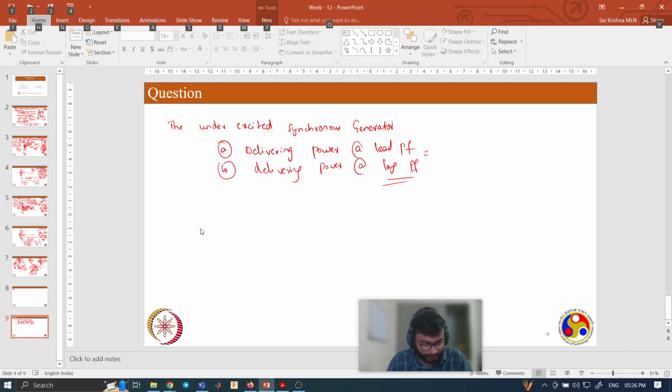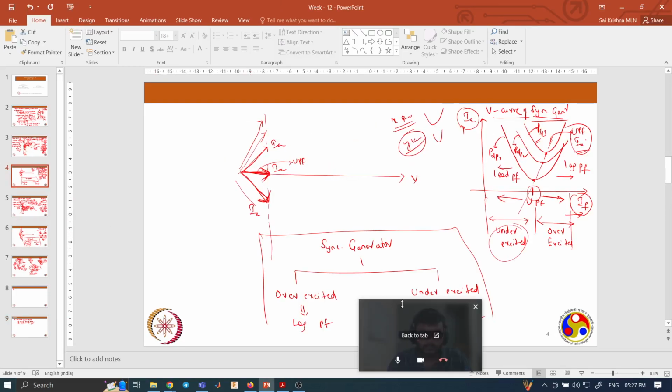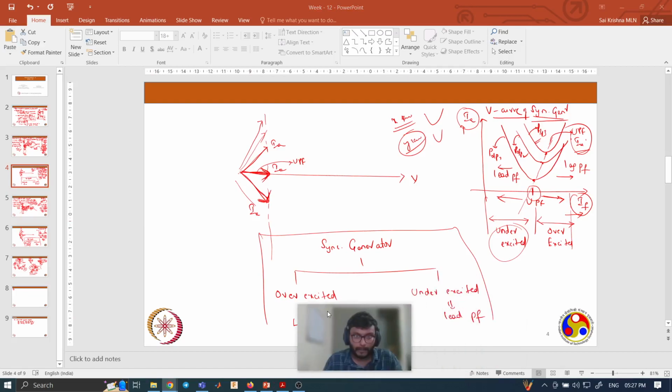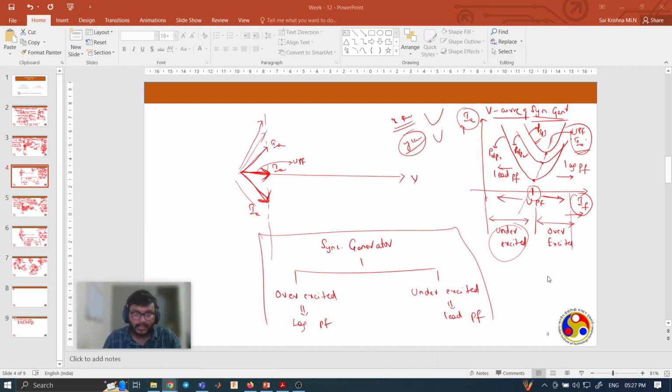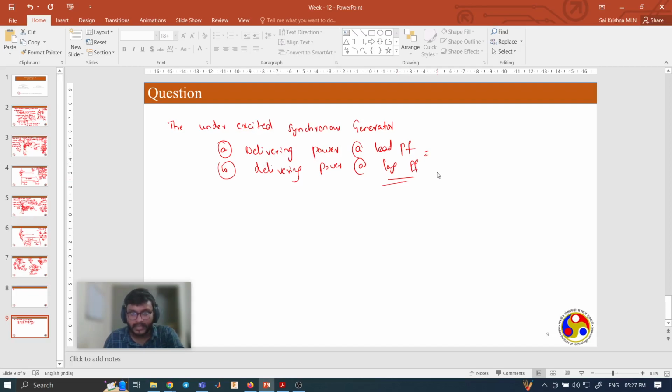Is it correct? See, the synchronous generator in the under-excited state delivers power at a leading power factor. It's not lagging. Its option is A.